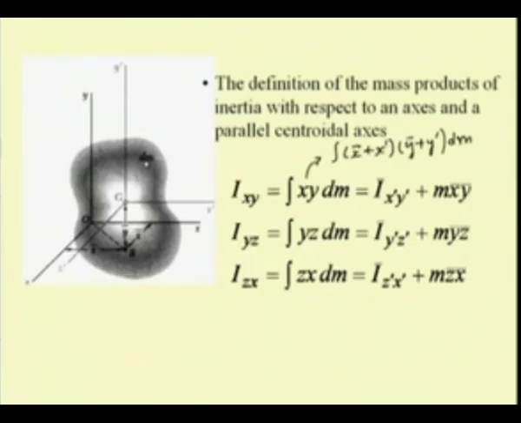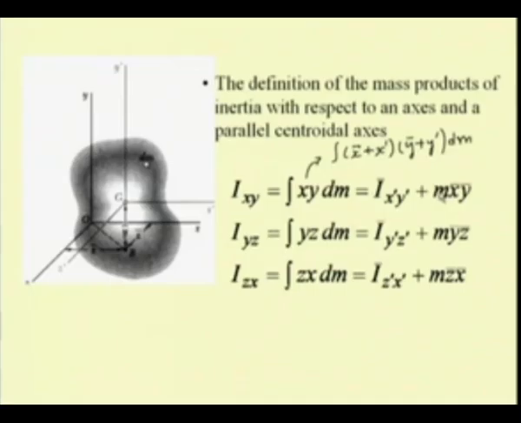So, now if I take the products and see, I have x bar y bar integral dm, and integral dm is the mass. So, we have m times x bar y bar.